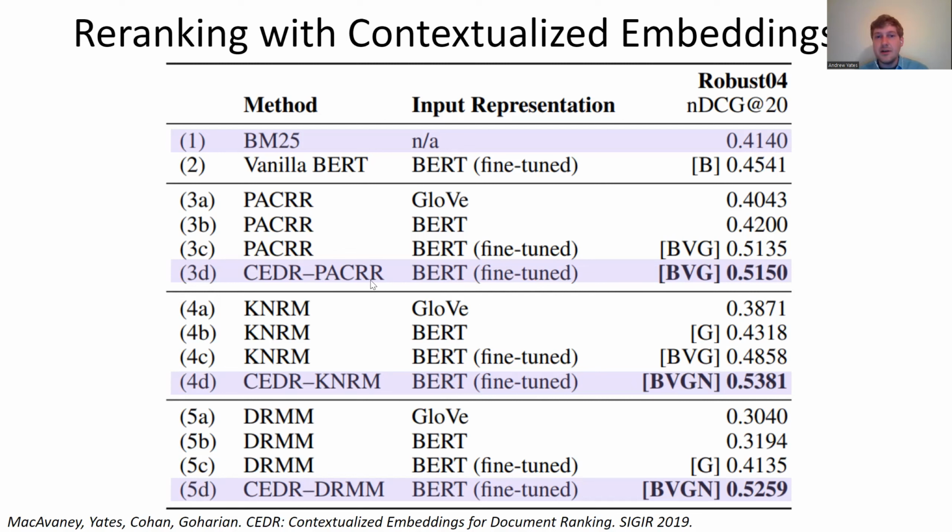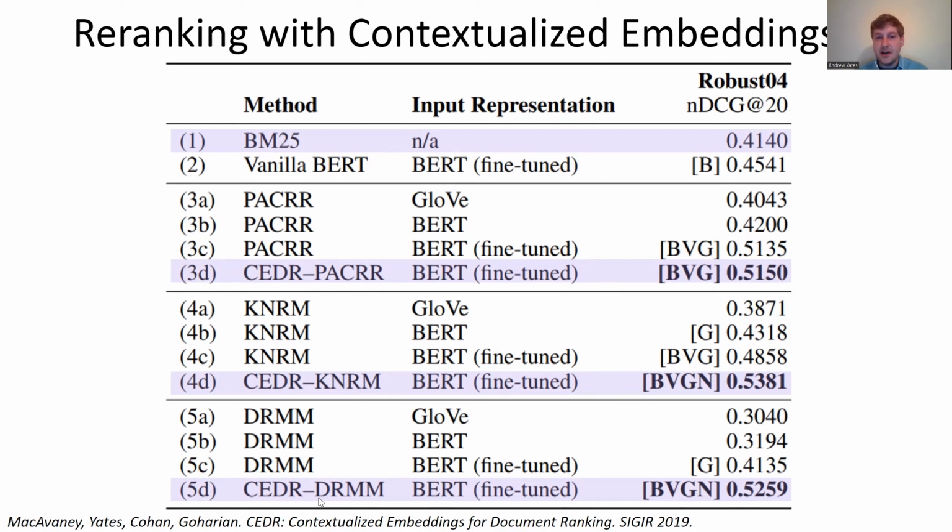We haven't talked about these other methods, PACRR and DRMM, but the details are not so important. What you need to know is these are other methods for consuming a similarity matrix. So PACRR is a method that uses 2D convolutions to essentially look for patterns, so bigrams, trigrams, etc. in the similarity matrix. DRMM is similar to KNRM, but it's not differentiable. So I briefly mentioned this earlier.